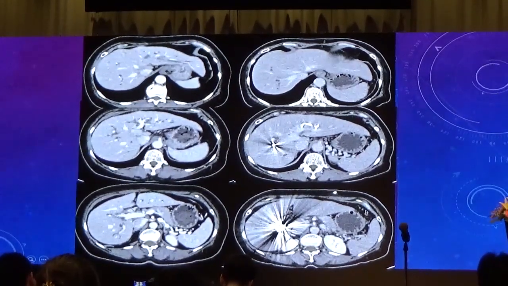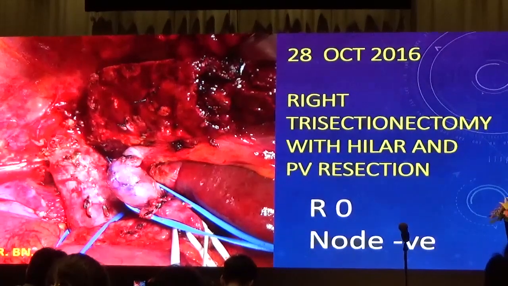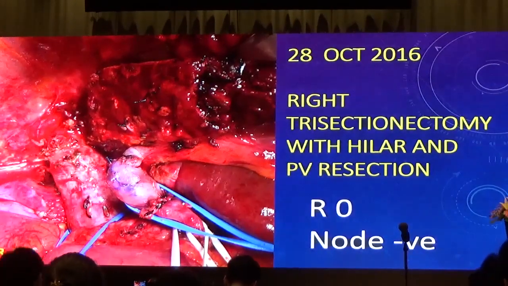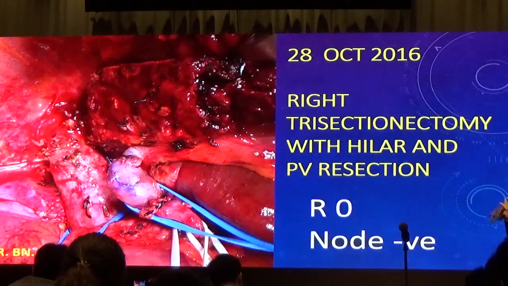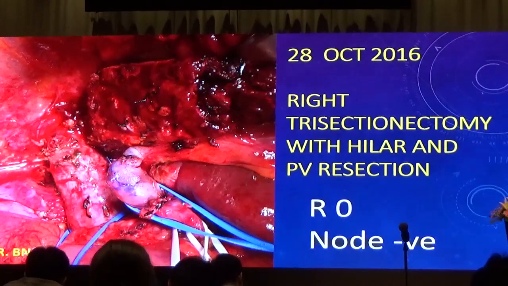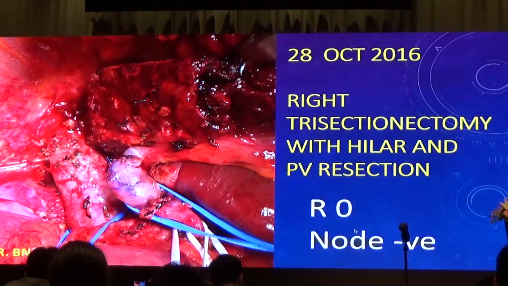Any discussion? Then we performed a right trisectionectomy with portal vein resection and reconstruction. This is the lateral segment, and this is the portal vein resection and reconstruction. The pathology is R0 resection.